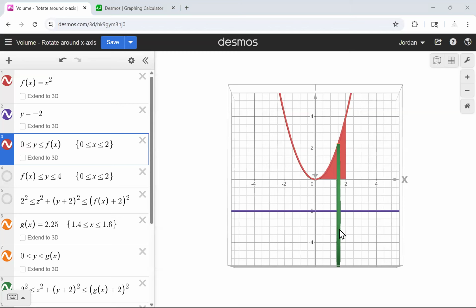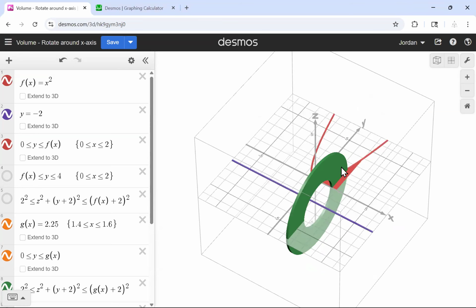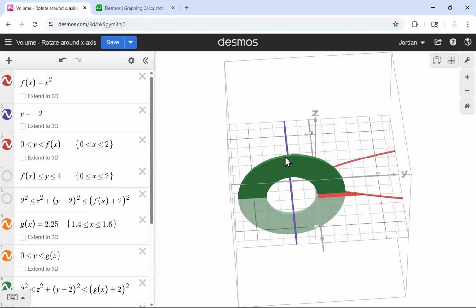So here it is. Here's the disk, and you can see that it's basically just a washer. It's a disk minus a disk. So what we're going to do is find volume by disk method minus disk method.